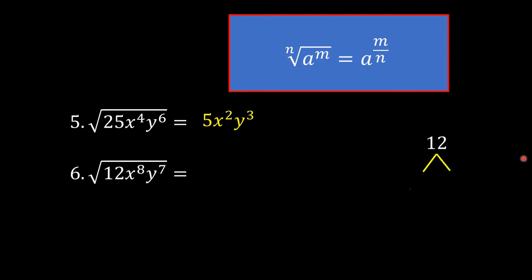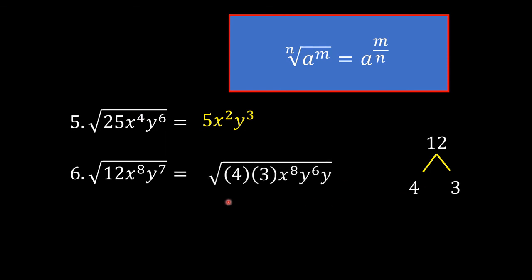Let us try 4 and 3. 4 times 3 is equal to 12. 4 is a perfect square integer, which means you can extract its square root exactly. So 12 here can be written as 4 times 3. And then apply this rule. 8 divided by 2 is equal to 4. 7 divided by 2 is not exact, but you can write y raised to 7 as y raised to the exponent of 6 times y.